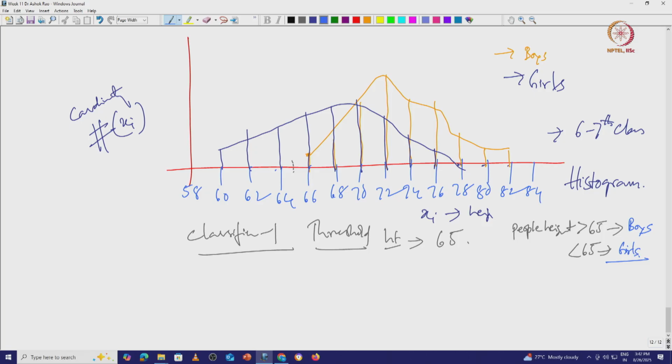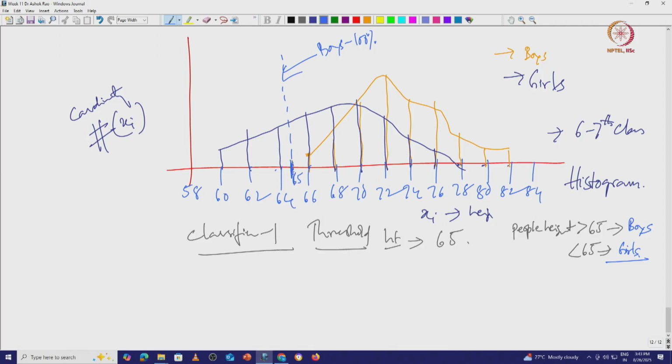Now you notice something. If I put a threshold of 65, so this is the classifier, a straight line like this, everything greater than 65 is boys. For this classifier, the accuracy for boys is 100%, but a large number of girls are above 65.